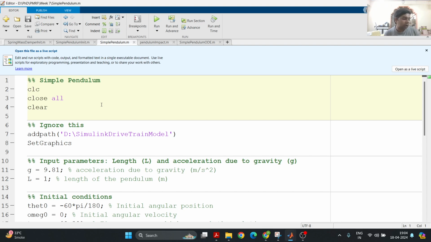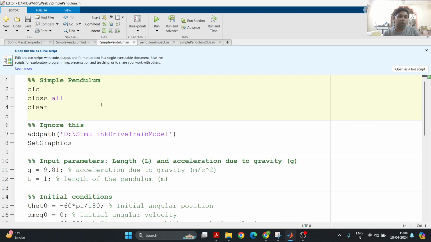But now it is not necessary always that we should use Simulink for solving these modeling and simulation problems. We can also use just simple MATLAB code for modeling and simulation. To demonstrate that, I had selected this same example of the simple pendulum.